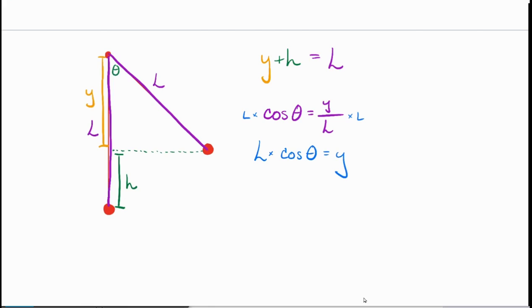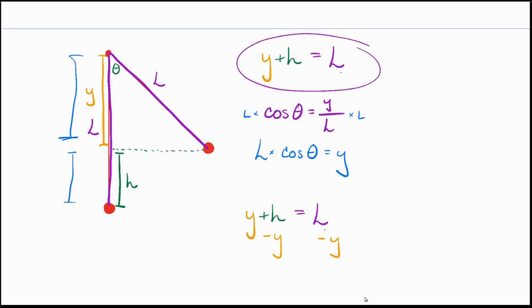All right, so that's good and all, except that that is this part for the y, and now I need the h. Well, if I already knew what L was up here, because I would be given that length of L, all I need to do is plug in my y and solve for h.